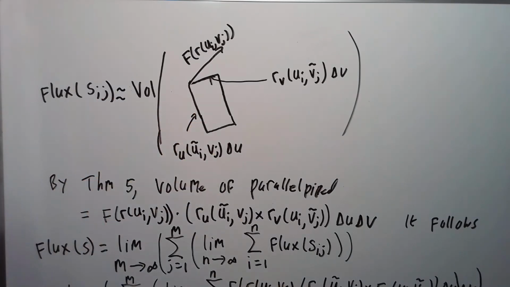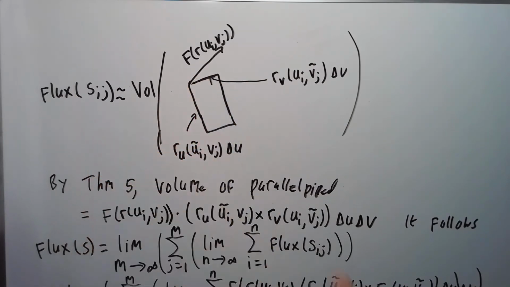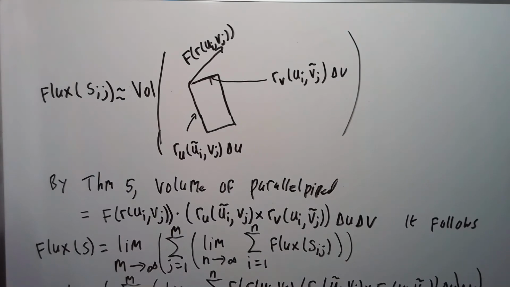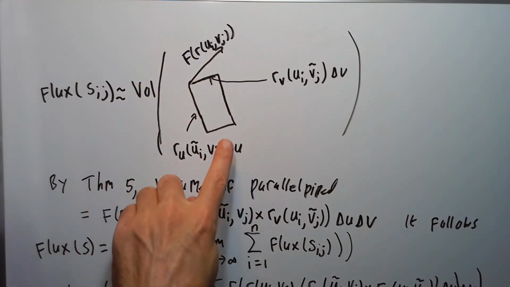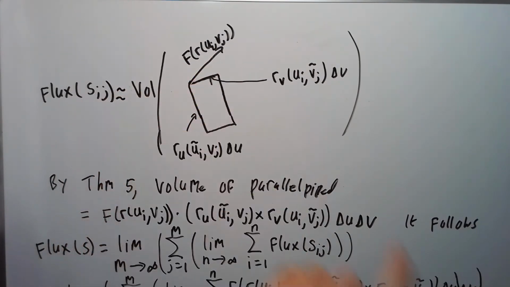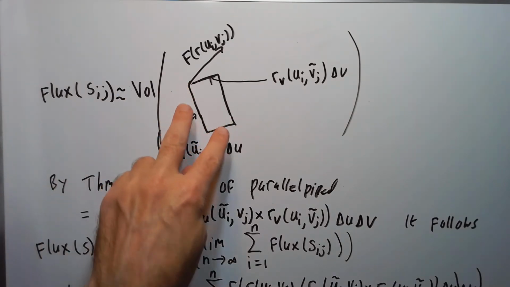The bottom part is the patch, or rather its approximation. We're going to assume on this little patch the velocity of the fluid is constant, so F is constant on this little patch. So pretty much the flux will be the volume of this parallelepiped.